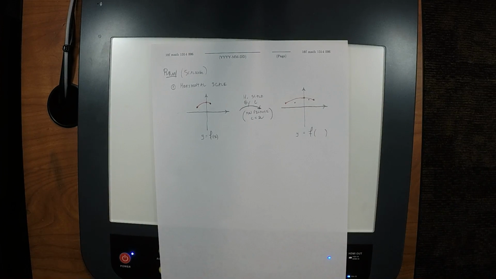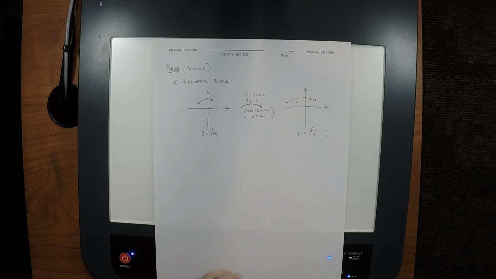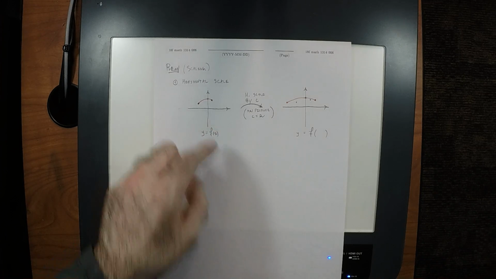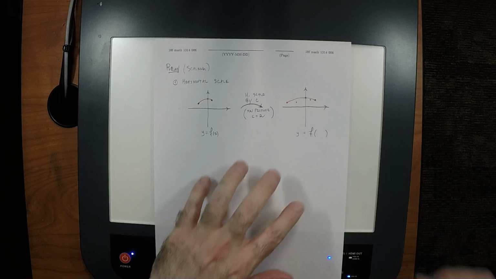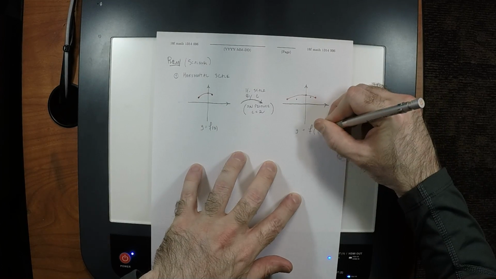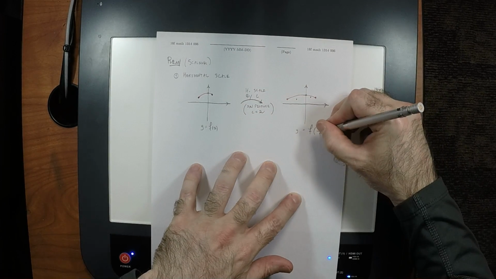But we must have played with the x coordinate. How did we play with it? It's not times 2. It's not multiply by 2. It's divide by 2. And in general, it's x over c.